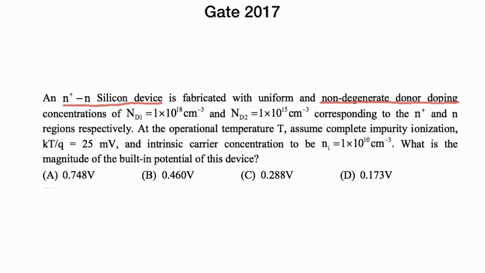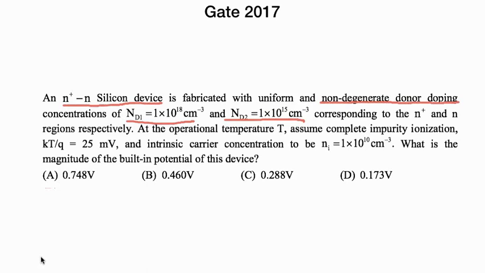We have talked that degenerate doping is an intrinsic type semiconductor, and non-degenerate means that it has an added impurity with Nd1 and Nd2, corresponding to the N plus that will have more number of electrons as compared to the N region. At the operational temperature T, assume complete impurity ionization, and kT by q and intrinsic carrier concentration are given. What is the magnitude of the built-in potential?